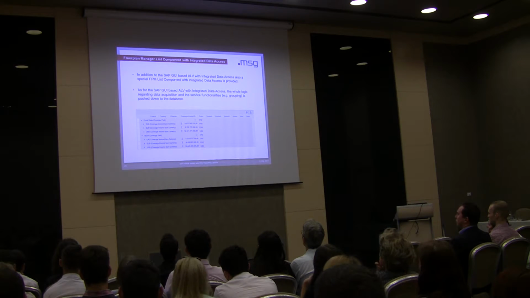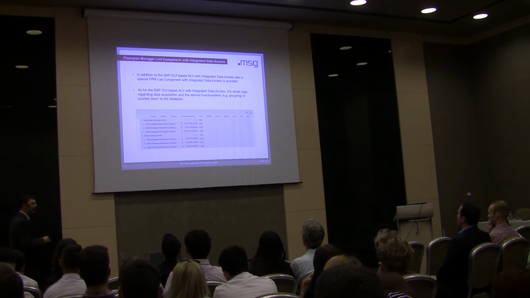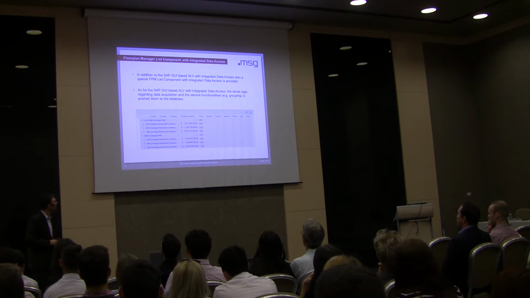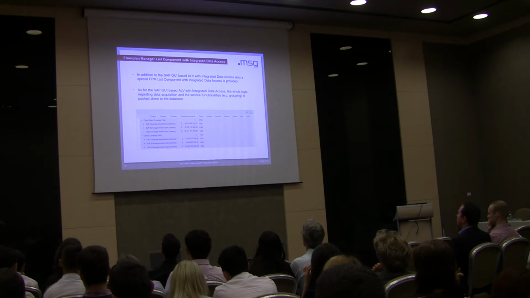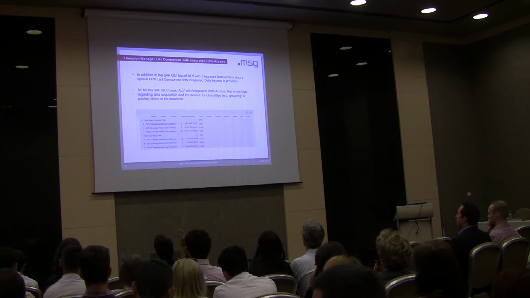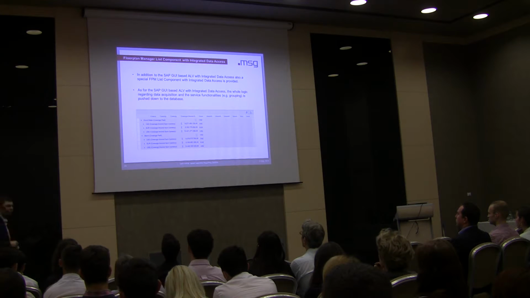I think you know the classical list component of Floorplan Manager, where you can display your list and so on. There's also a new list component with integrated data access. It gives the same features as the ALV with integrated data access, but especially created for the Floorplan Manager. I do not know who has already used Floorplan Manager.